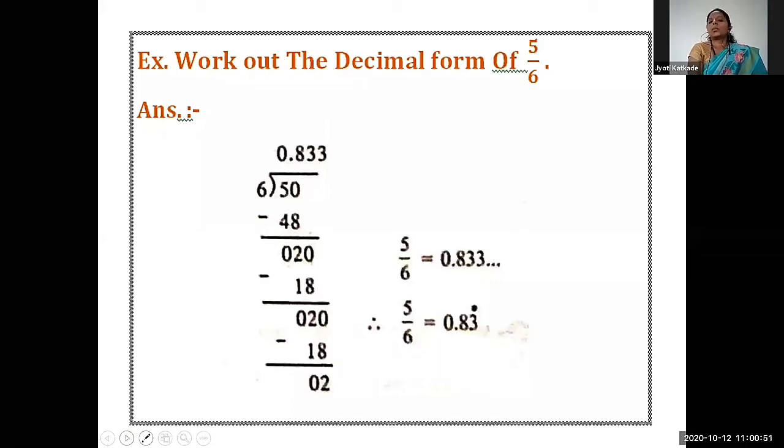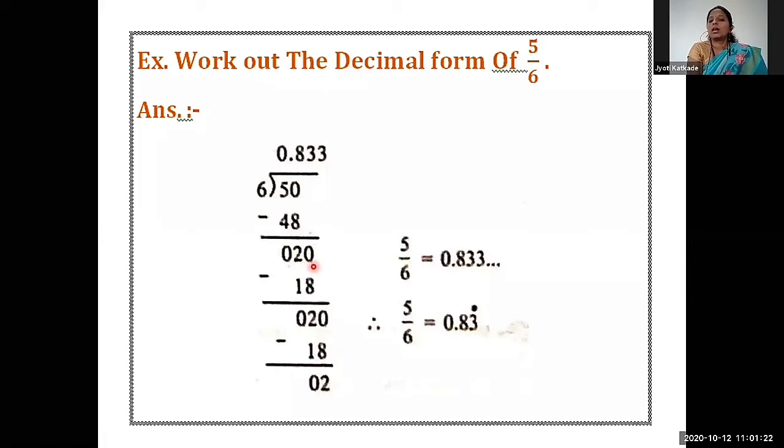When we take the decimal point, we get 50. Now we can divide 50 by 6. 6 8s are 48. 50 is not in the table of 6, so take the nearest value of 50, that is 48. Subtract 48 from 50, we get 2. Then put 0 on the 2, there is 20.